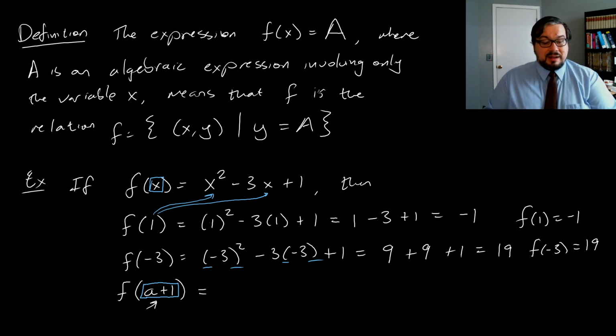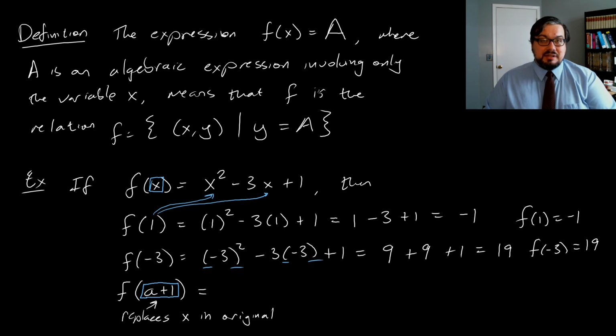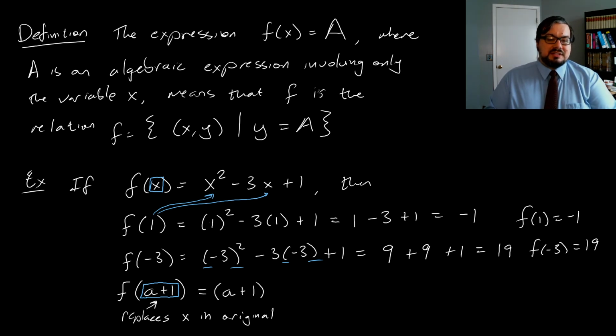So whatever is inside here replaces x in the original. So that means that every time we see x in the original expression, we're going to replace it with a plus 1 in parentheses. So f of a plus 1 gives us a plus 1 squared minus 3 times a plus 1, plus 1.